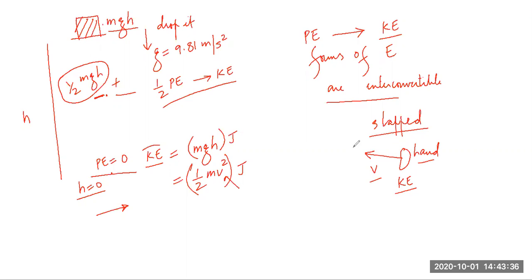And let us say this is the cheek of your younger brother or younger sister. When the slap lands on the cheek, some of the kinetic energy will be converted to, can anyone tell me? You will see the cheek becomes red because its temperature rises. So the kinetic energy gets converted to heat energy, some part.